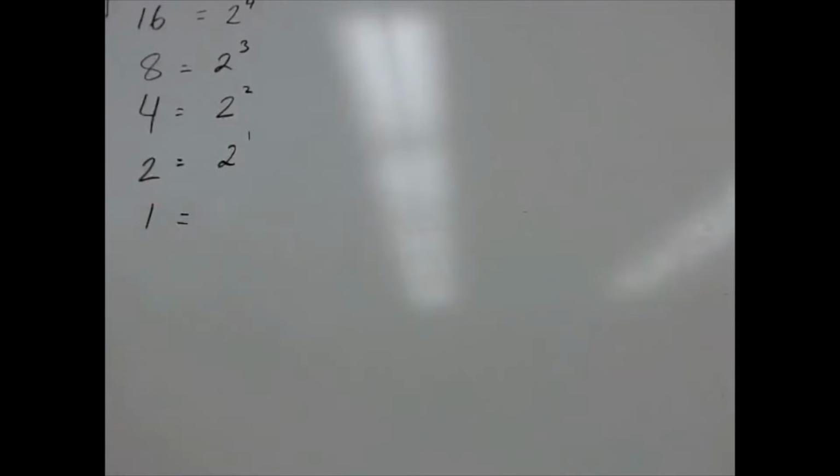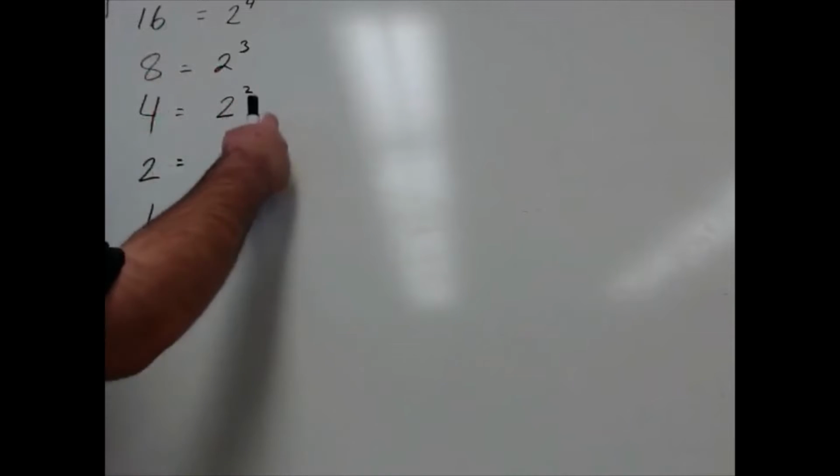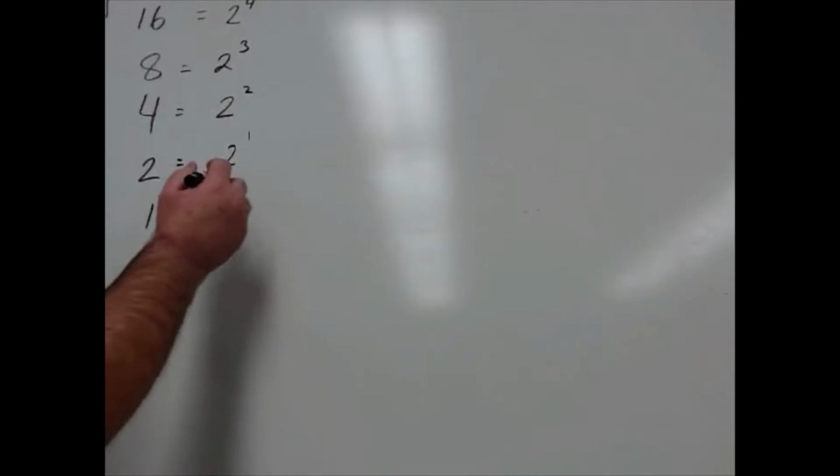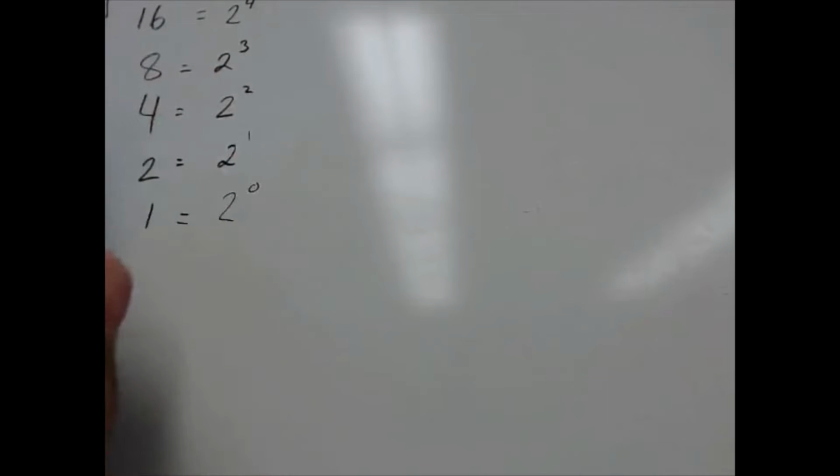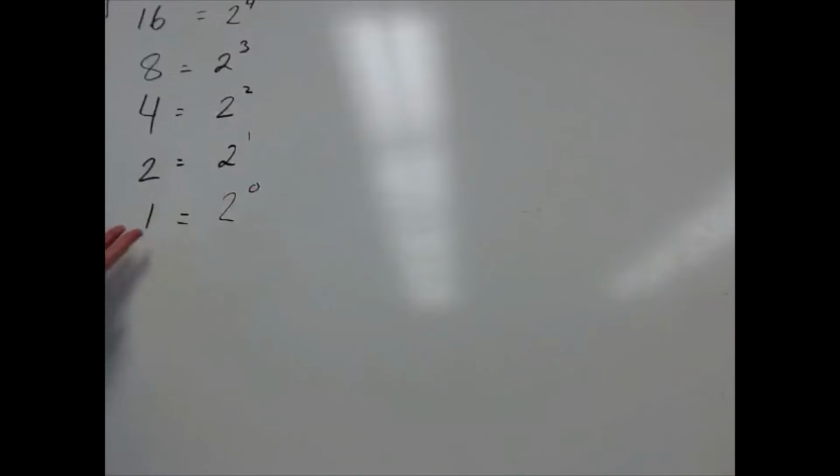If I continue this pattern, these are being divided by 2 each time, and you might notice that these exponents, as I go down the column, are decreasing by 1 each time. So using the pattern, you could hypothesize that the next exponent should be 0, which is true. Any base raised to the exponent 0 always equals 1.